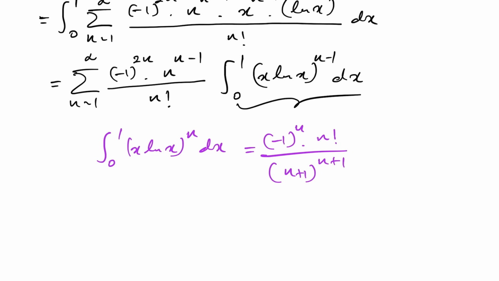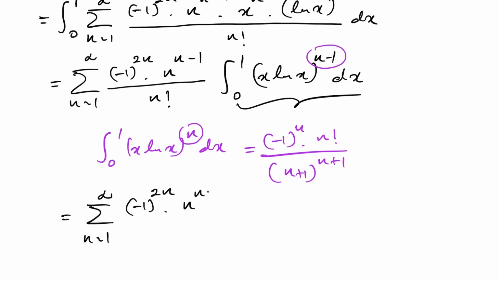If you would like to watch this video, I will add the link in the description. Now here we have the same integral, but instead of n we have n minus 1. So we know now our integral is equal to the sum of n equals 1 to infinity, minus 1 raised to the 2n, times n raised to the n minus 1 over n factorial.